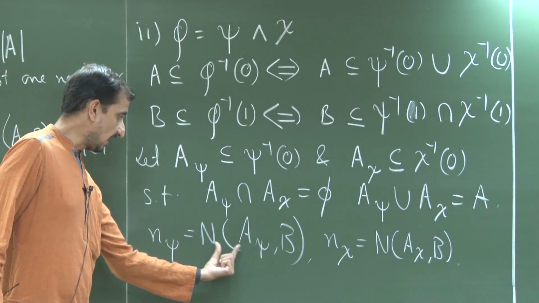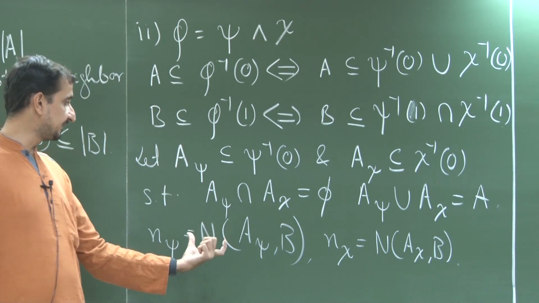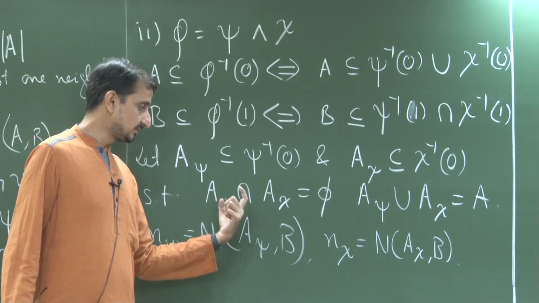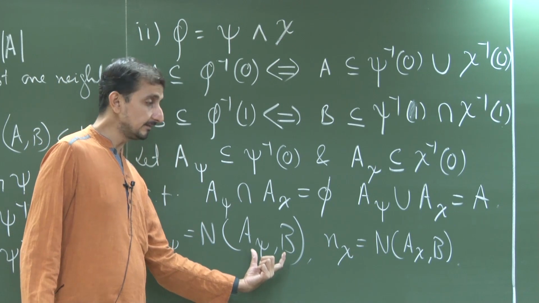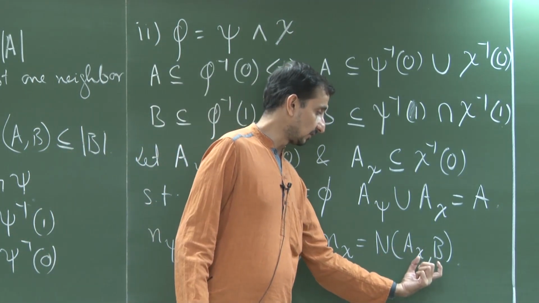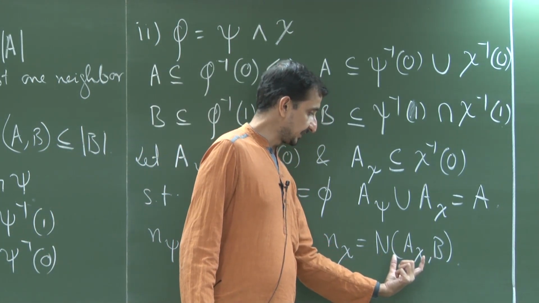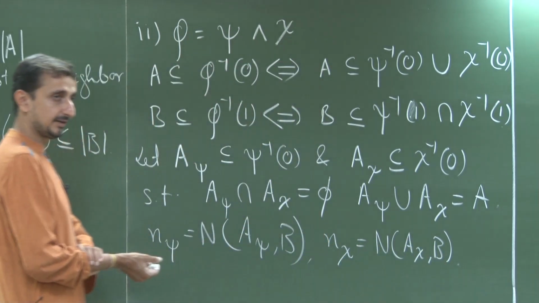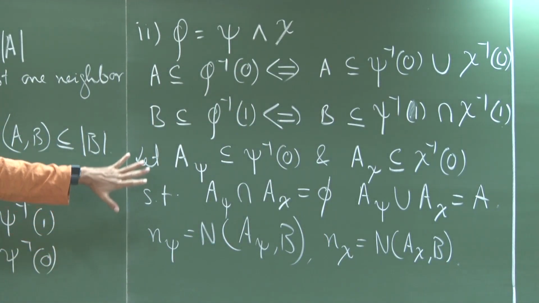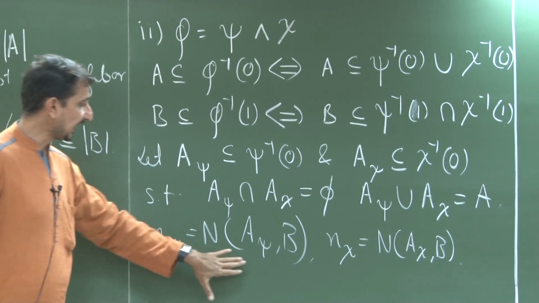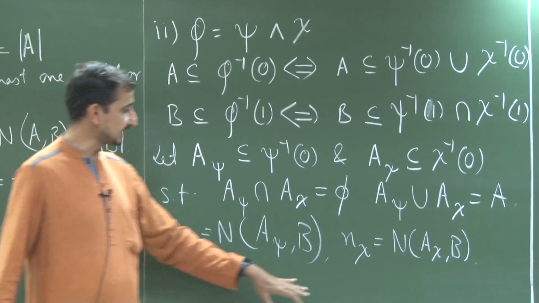Now, how many neighbors or how many triplets are there which are neighbors between A psi and B, and how many triplets or how many tuples are there which are neighbors between A chi and B, right. So, what is the relation between n A B and n psi and n chi?